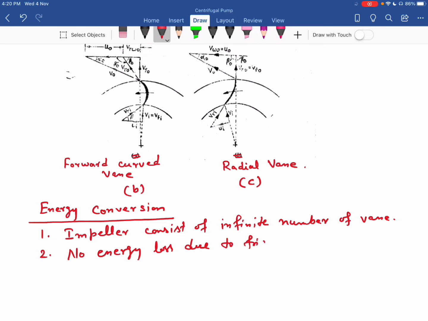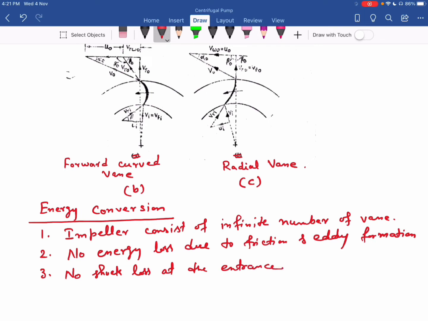And the third one is no shock loss at the entrance of the vanes. So these are my few assumptions to derive this energy conversion relation.